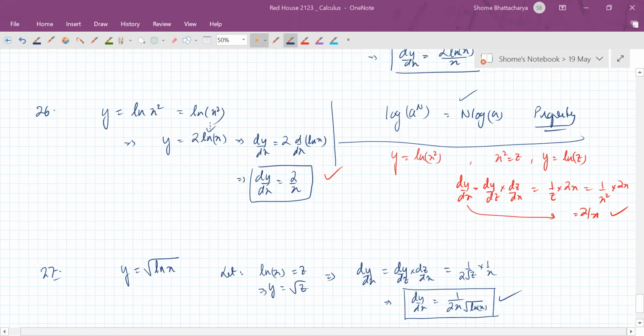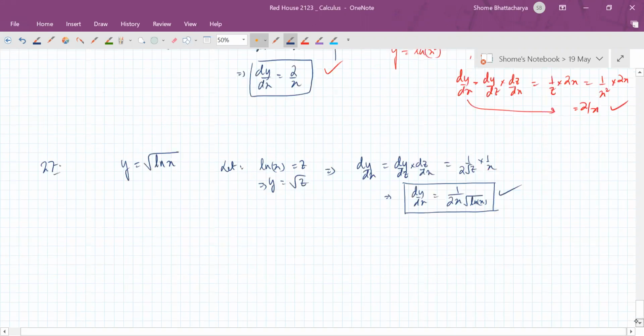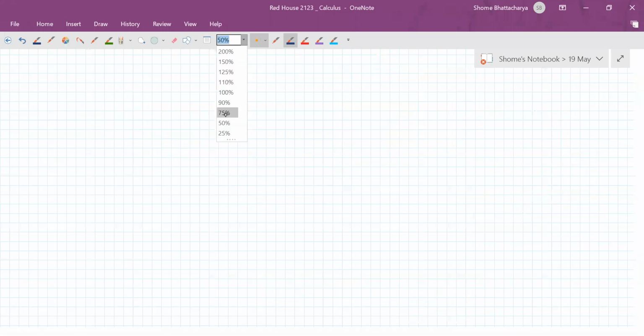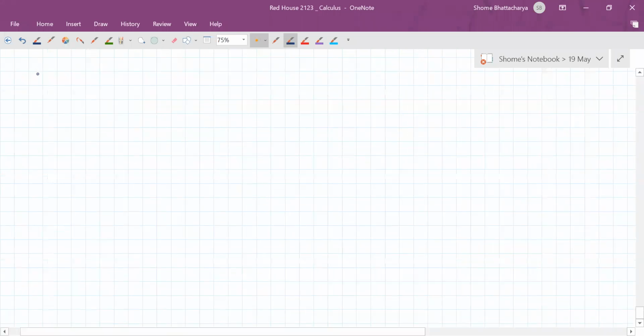So it's all about how we set up the function and then find its derivative. Okay, so these questions are all pretty similar in exercise 3. So I'll just explain the first one, then you can try out the other ones yourself also.